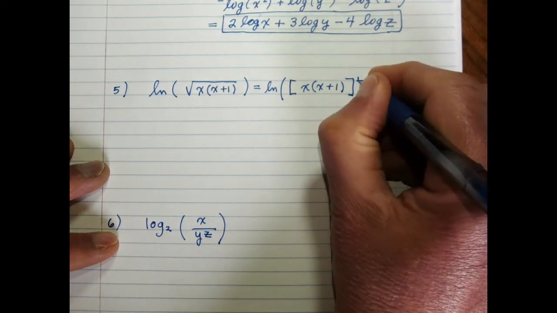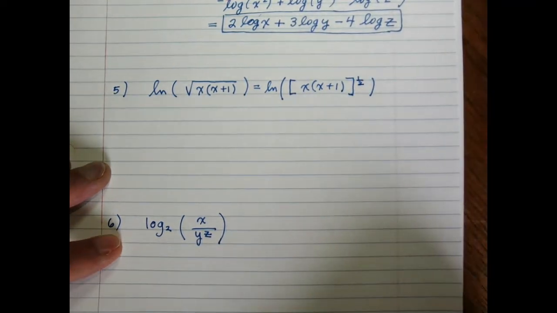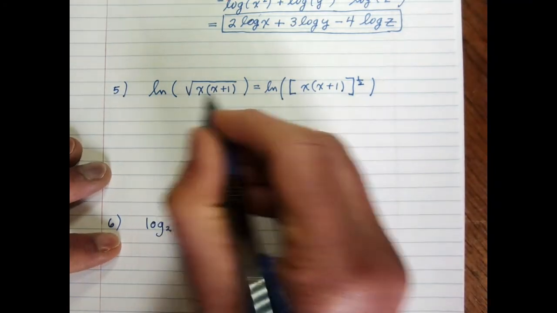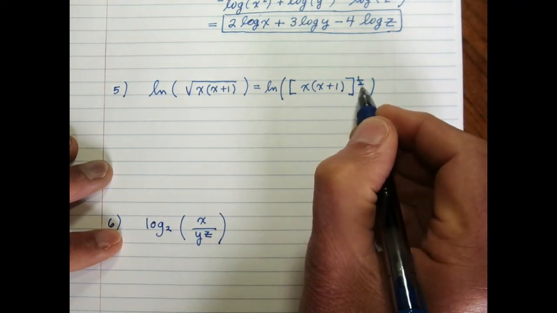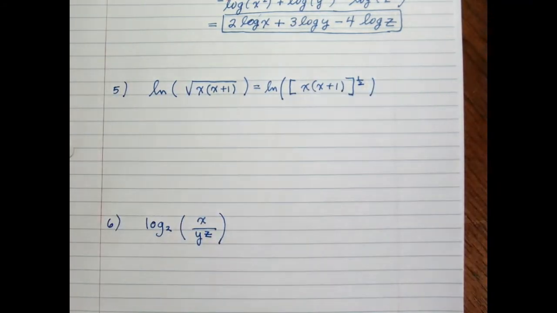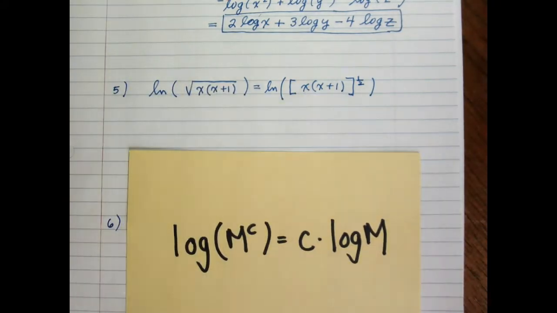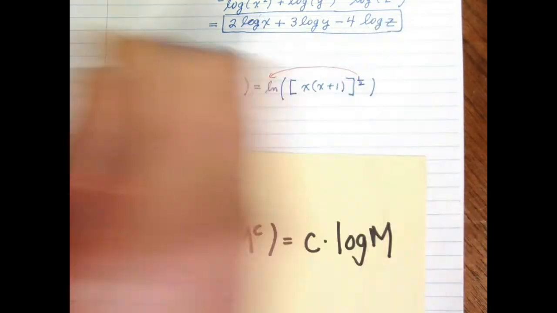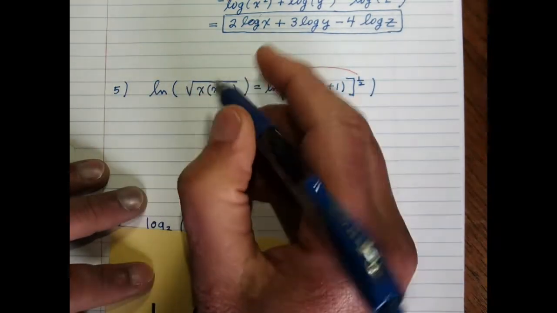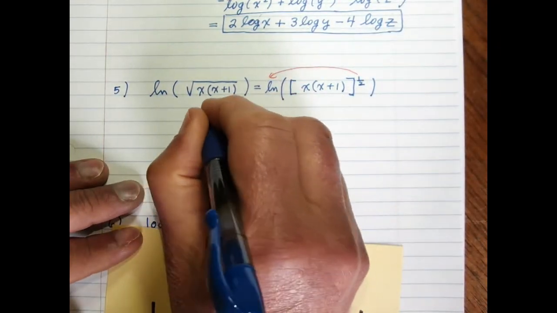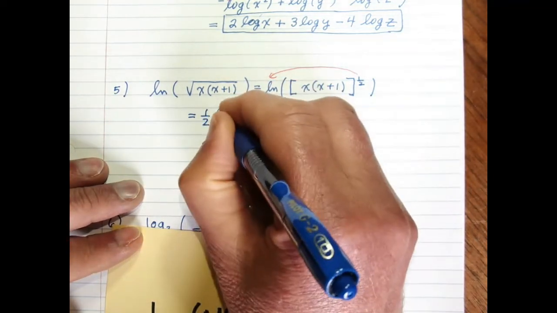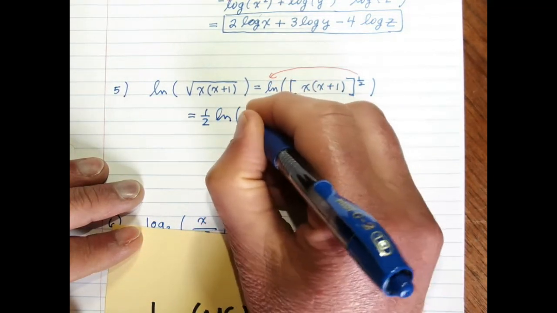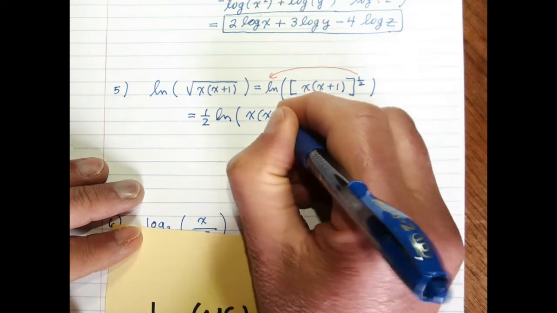That's to the 1/2 power. So I'm thinking of that square root sign as a 1/2 power exponent, because then I can apply my third law and bring that exponent out in front. And what I will have is 1/2 ln of x times x plus 1.